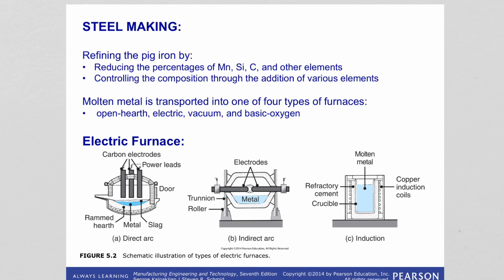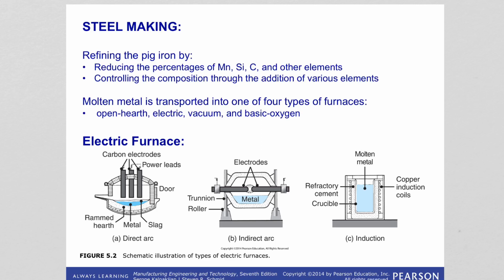So you can remove some elements and add some elements based on what type of desired property you want to get, because there will be different types of steels, right? You can adjust the composition by adding and removing elements.